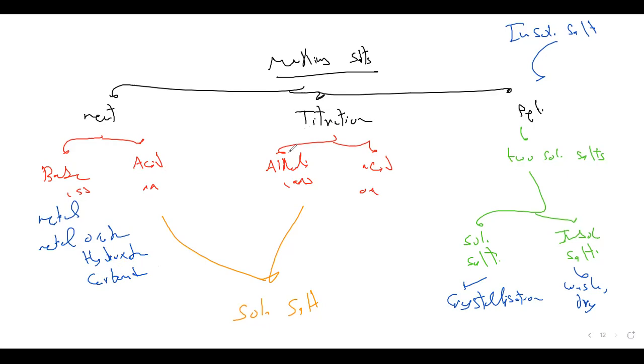While titration, alkali with an acid, both are aqueous, to prepare soluble salt. Precipitation, two soluble salts to prepare soluble salt and insoluble salt. If we need to obtain crystals of soluble salt, we make crystallization: heat, cool, filter, dry. In case of preparing insoluble salt, wash with distilled water, then dry.